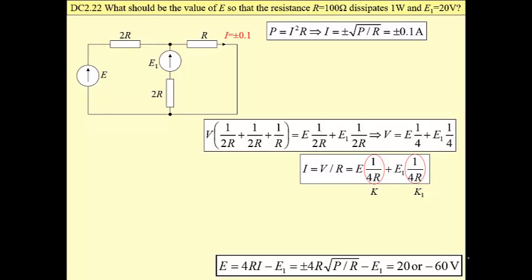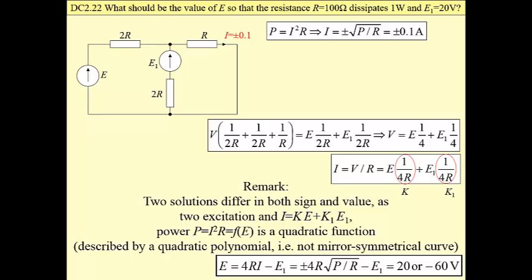So now we also have two solutions, but they differ not only in sign, they differ also in value. Why is it like that? Because we have two excitations, and power now is a quadratic function, a function described by a quadratic polynomial, which is not a mirror symmetrical curve.